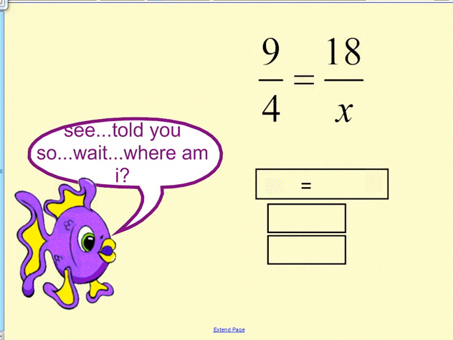Solve for x. How on earth am I going to solve for x? Same sort of concept. If this is a proportion, then the extremes and the means should be equal to each other, so we can set up a proportion. I can say 9 times x, or 9x, is equal to 18 times 4.